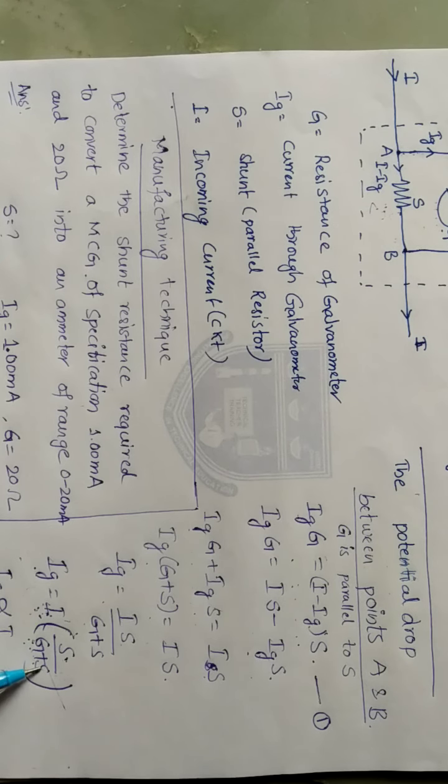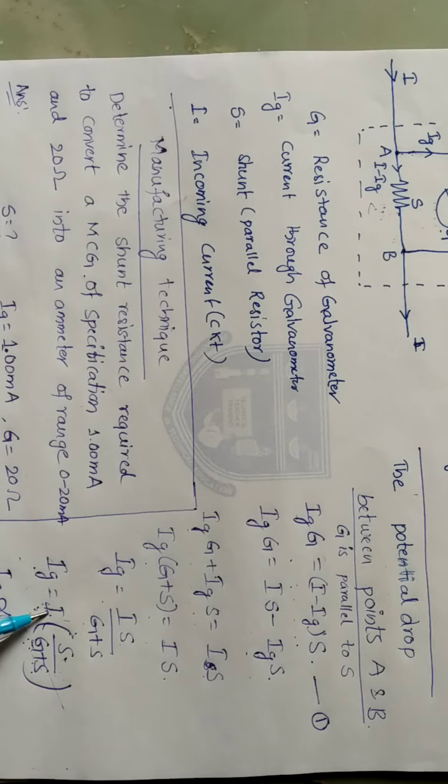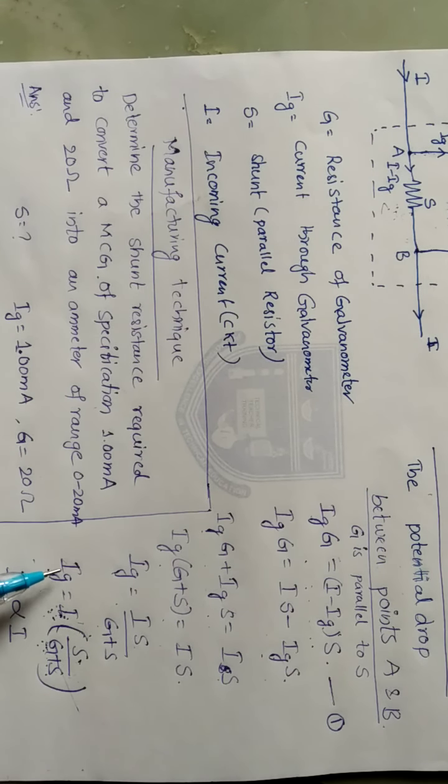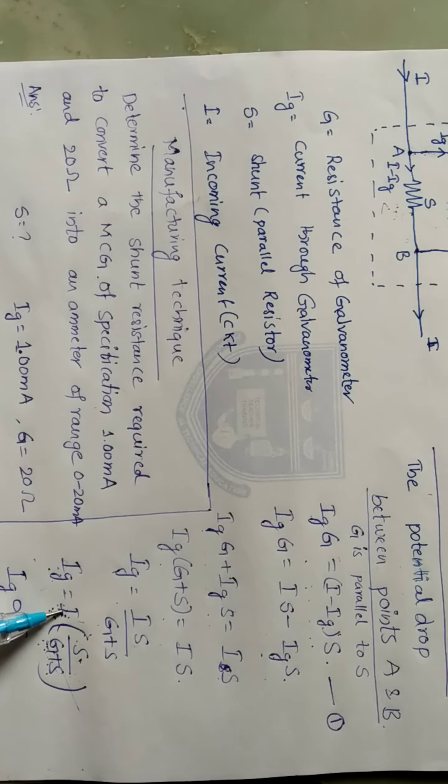The incoming current I varies because we may connect it to different circuits. So Ig is purely dependent on I.